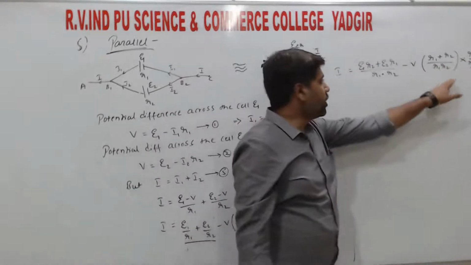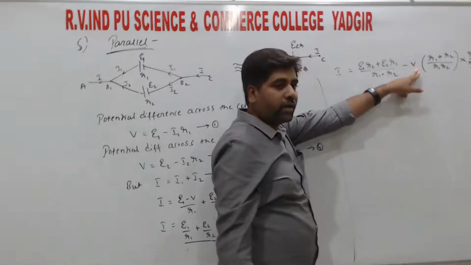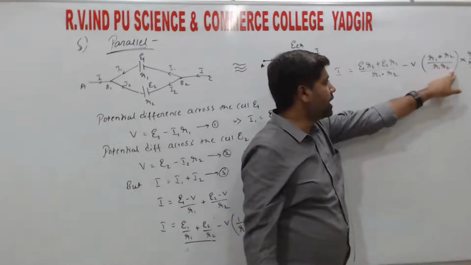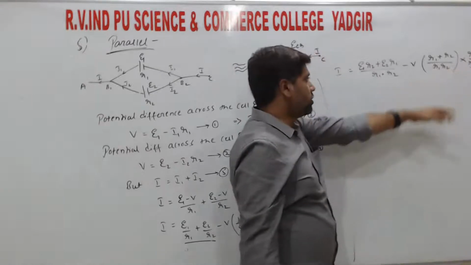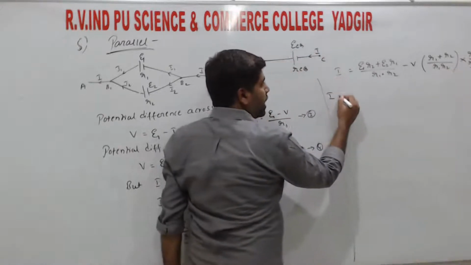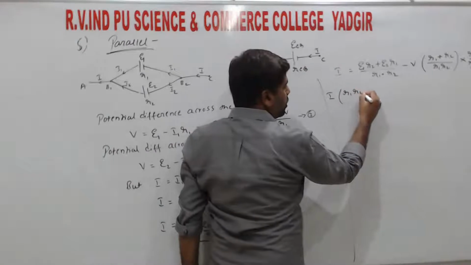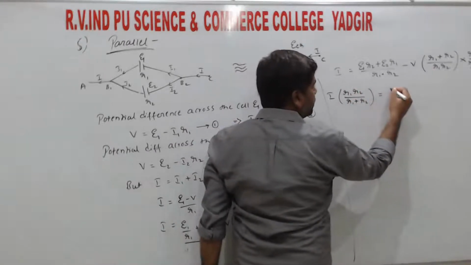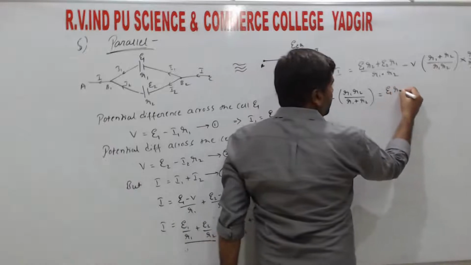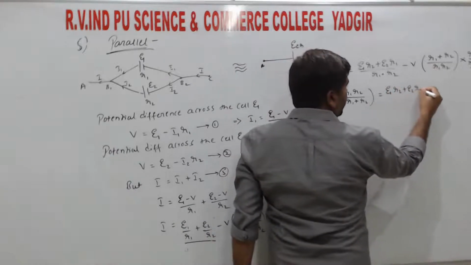We multiply this because we need only the V term. By cancelling this term, we must divide by the reciprocal terms, right? So we get I into R1 R2 divided by R1 plus R2 equals E1 R2 plus E2 R1.